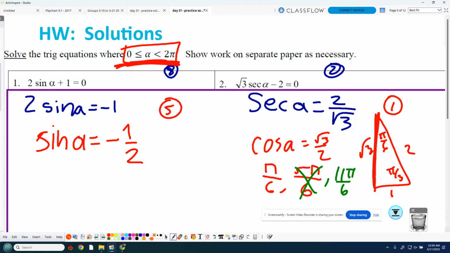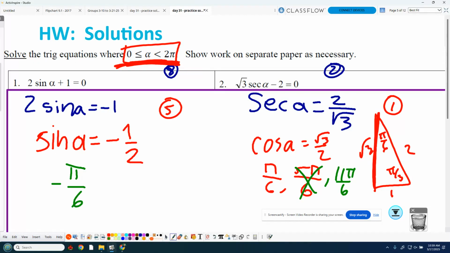Okay, group 3, so Oliver, Bella, and Alana, can you come up and tell us when is sine negative 1/2? No negative angles.